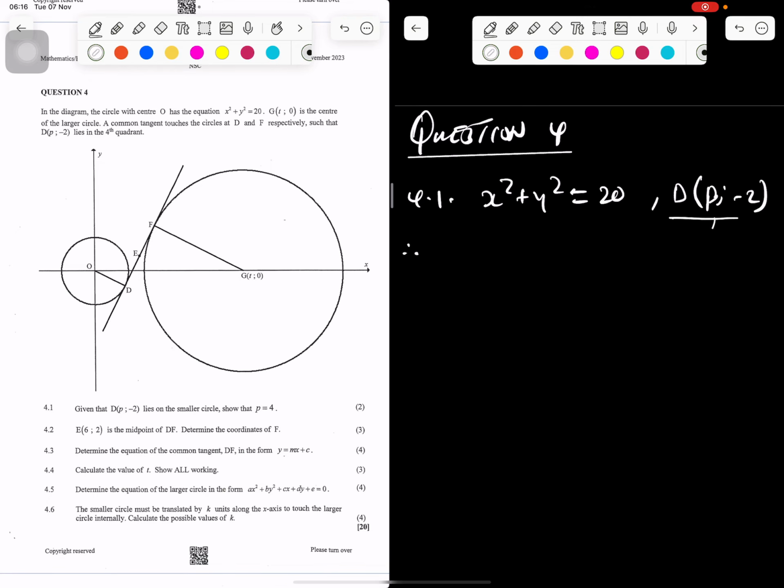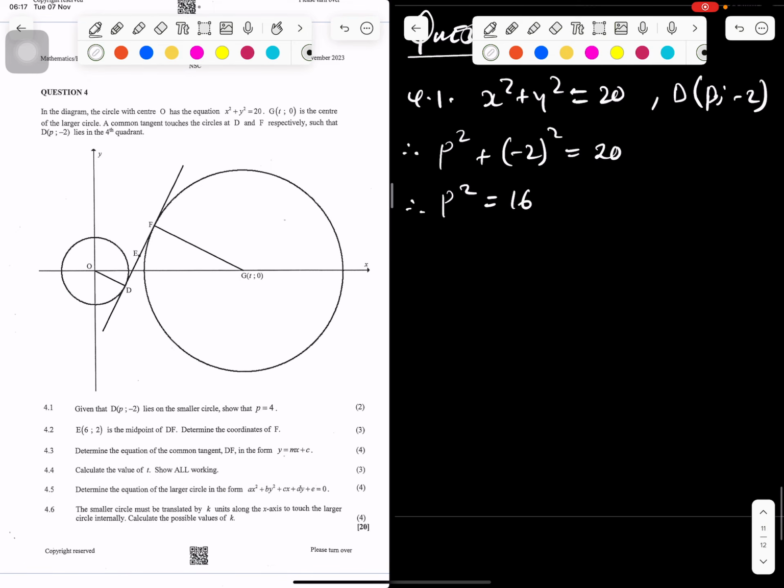So you're going to substitute this point into that particular circle, which is going to be P squared plus y, y is -2, you square this, is equal to 20. Okay, therefore P squared is equal to 16, and as a result P, you will get plus or minus 4.